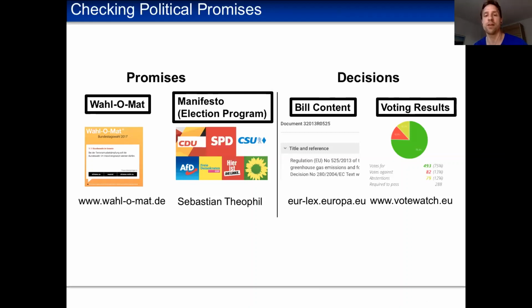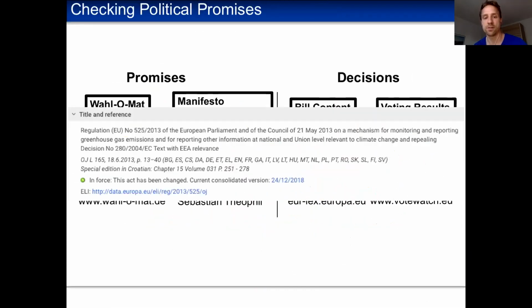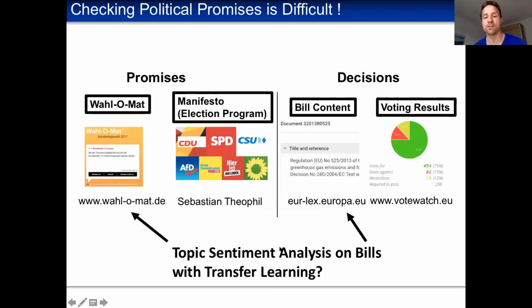But the important thing is that right now we are having this very particular challenge that we would like to automatically screen through the content of bills that have all this text here, and it goes on, and make some sort of topic sentiment analysis that we would, for example, get from different data sources like this platform here, and identify based on certain keywords automatically, okay, take a look at this bill network and tell me if this is pro or against climate change, pro or against the economy and all these things. And so the challenge that we have right now is that the data is very sparse.